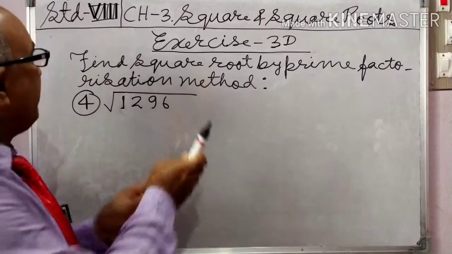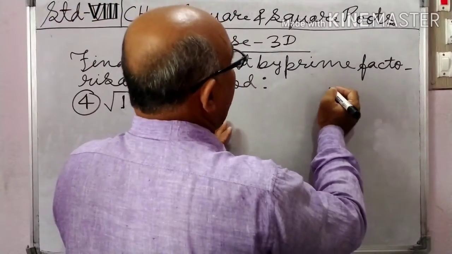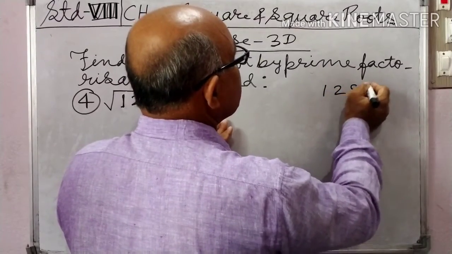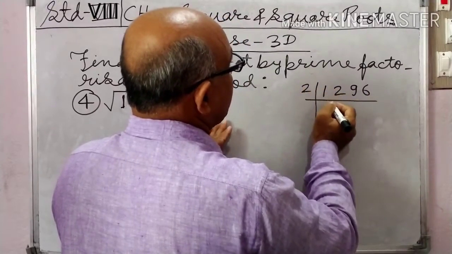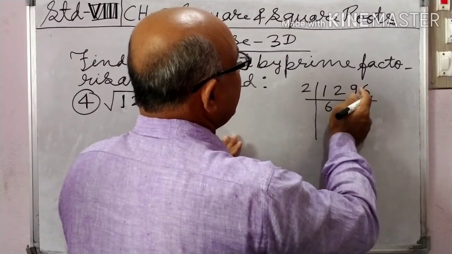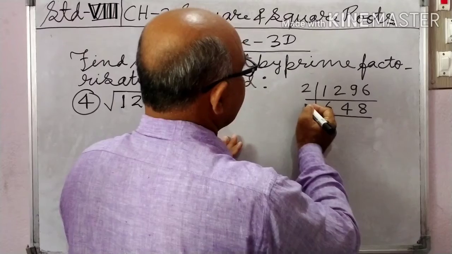1296. Prime factorization method. First of all, find the prime factors of 1296. 2 times 2 6 are 12, 2 4 are 8, 1 8 16 and 2 8 are 16.